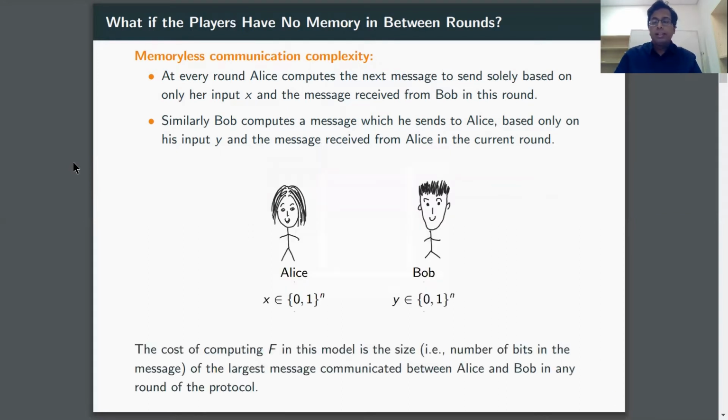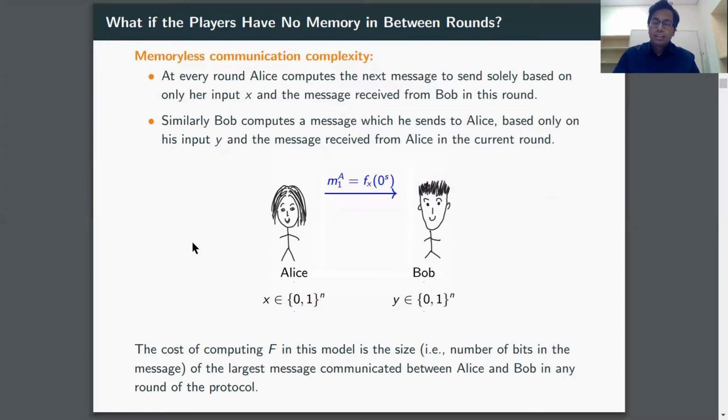Let me further elaborate with this pictorial representation. Here we again have Alice and Bob, and they have their inputs X and Y. Since they don't have any memory, they don't even have memory to remember which round they are currently in.